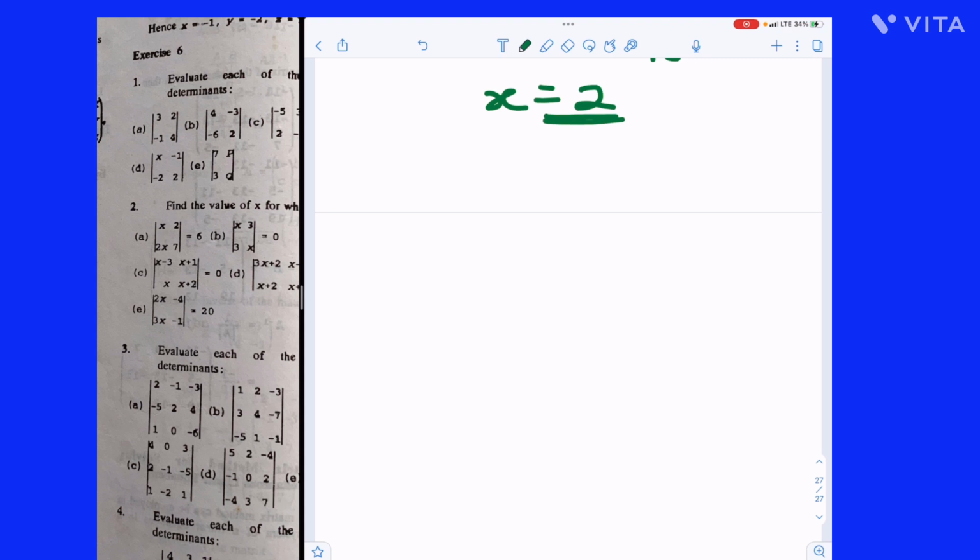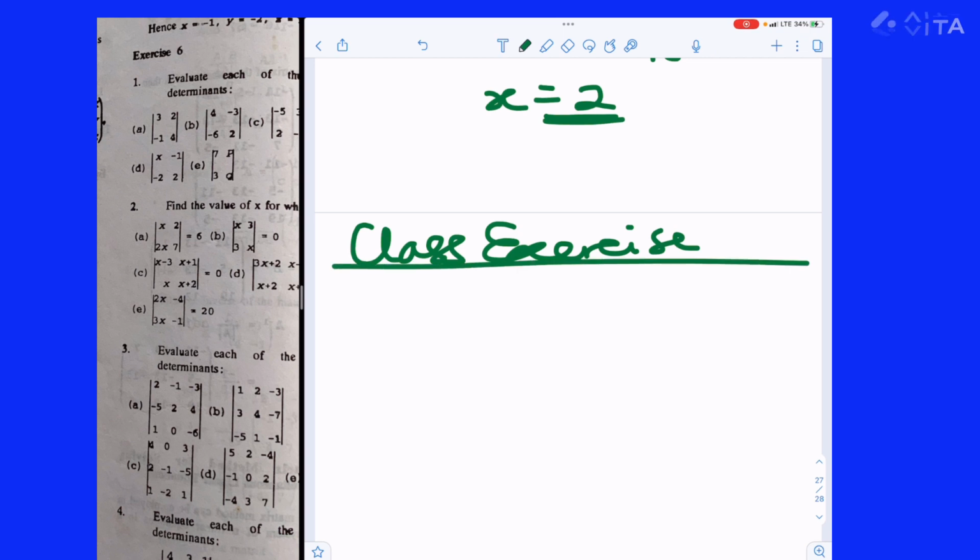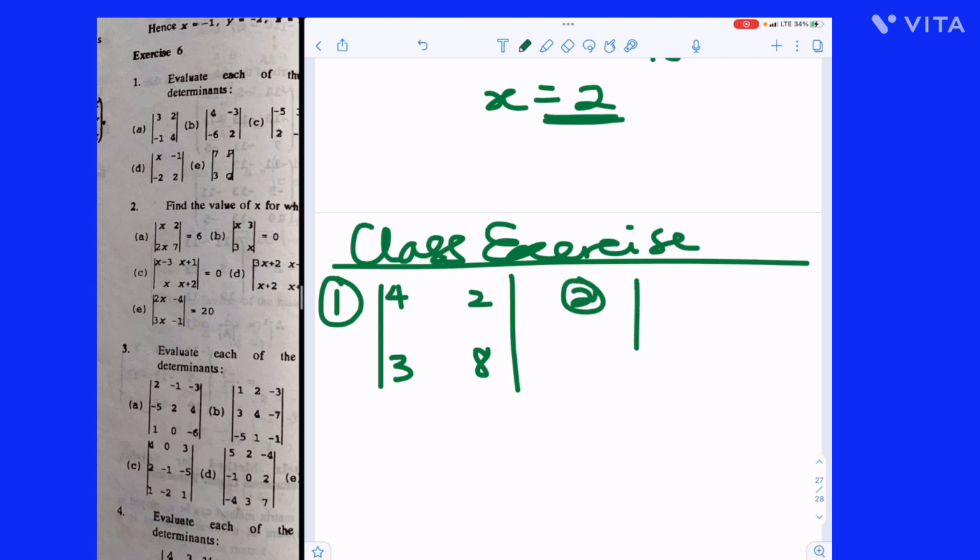Let's now do a few class exercises. Class exercise. Do this yourself. Evaluate each of the following. Number 1, 2.